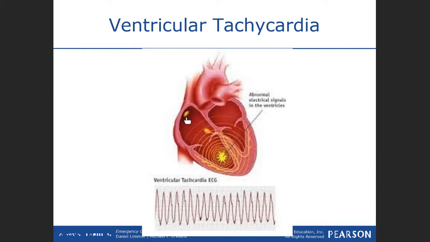Now, if the SA node fails, the heart has backup pacemakers. The AV node that we talked about before can take over as backup pacemaker if the SA node fails, but its intrinsic rate is about 40 to 60 beats per minute. And then if that fails, the ventricles themselves can take over as pacemaker, but at a much slower rate, 20 to 40 beats per minute.